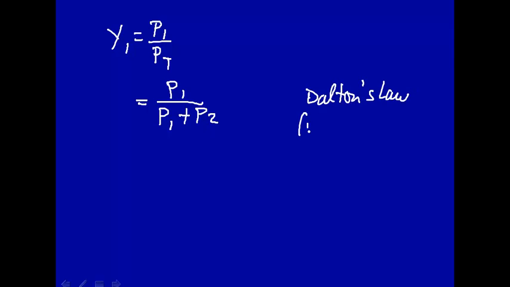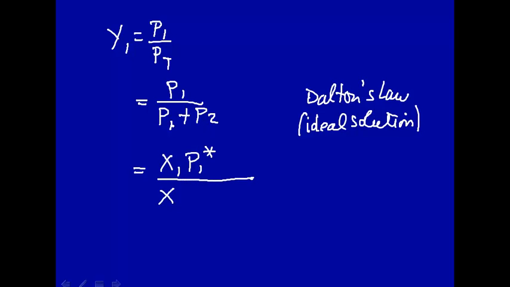And that, of course, assumes that we have an ideal solution and the gases behave like ideal gases and so on. And we know from Raoult's law that the partial pressure above the solution is just the mole fraction in the solution times the pressure of pure 1, divided by x1 times the pressure of pure 1, plus x2, the mole fraction of component 2, times the pressure of pure 2. Raoult's law.